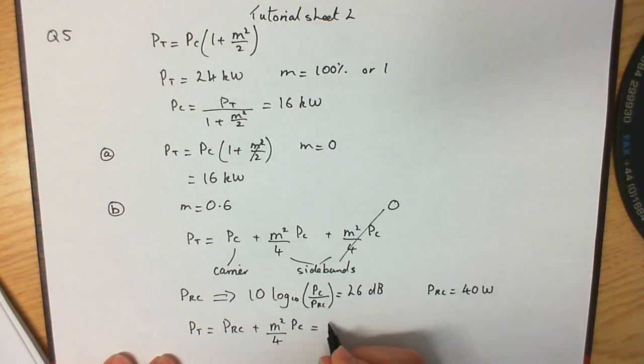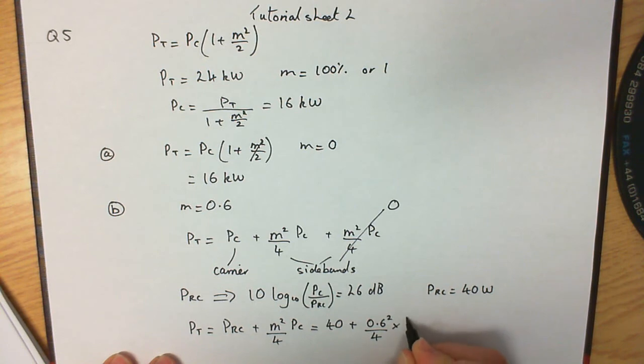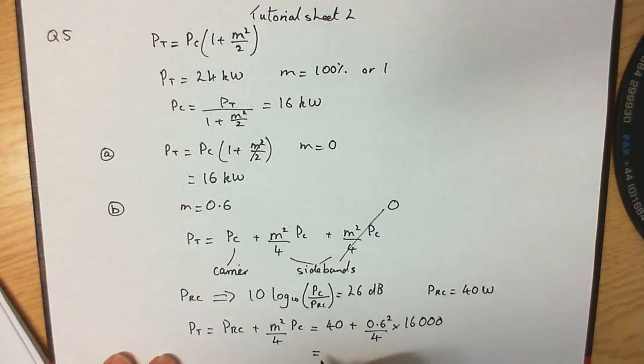So we get 40 plus 0.6 squared over 4 times 16 kilowatts. And if you work that out, you get 1480 watts.